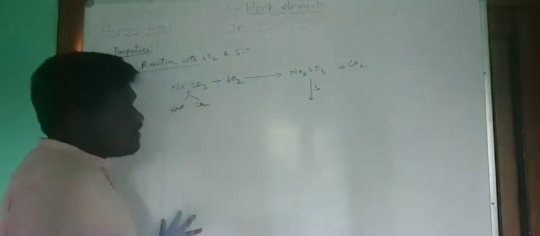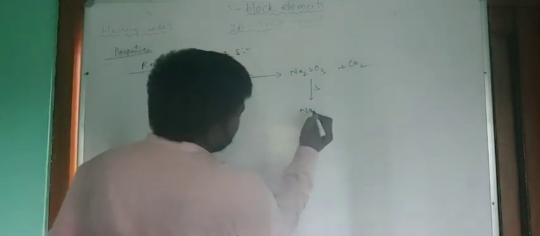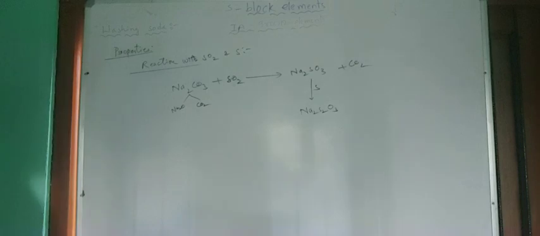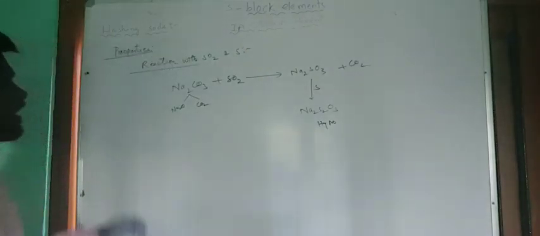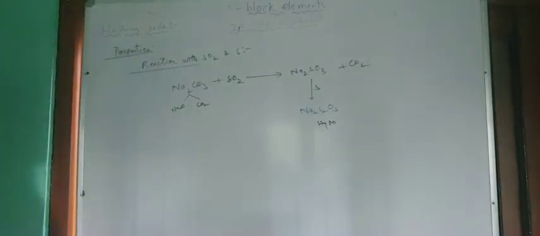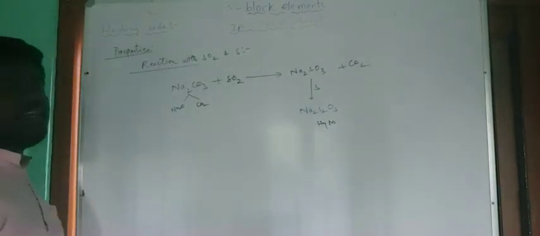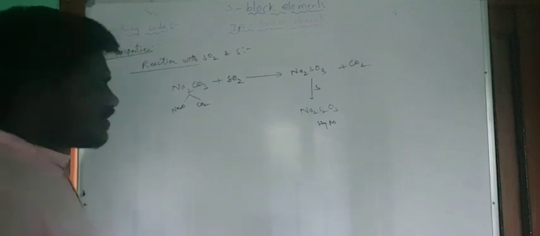And this one, when you treat with sulfur, you will get Na2S2O3, which is hypo. So we will get hypo when you treat sodium carbonate with sulfur dioxide followed by sulfur.